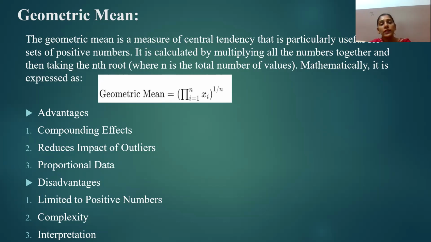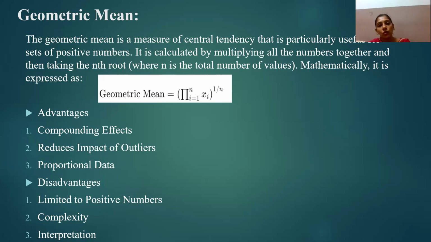So how is the geometric mean helpful in calculating growth rate? The geometric mean is widely used for calculating average growth rate over multiple periods. For example, it is used to determine the compound annual growth rate, which is CAGR.